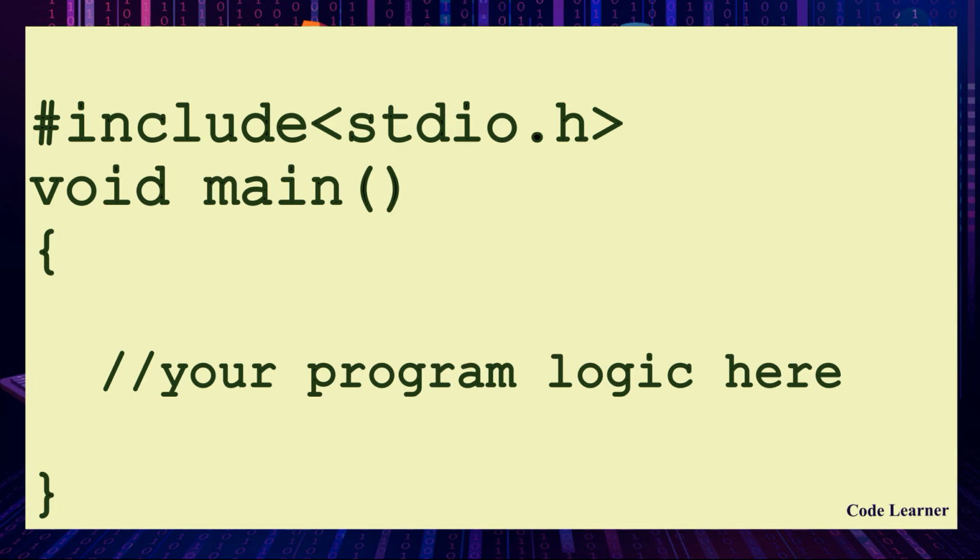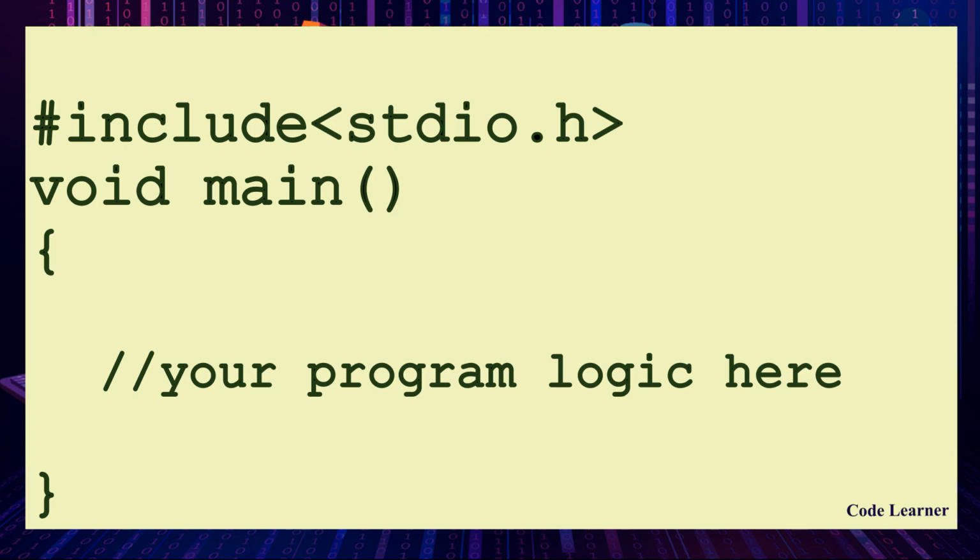In this sample code, we have written #include <stdio.h>. That means #include is used to include some code. So here we are including the stdio.h program, that is, the standard input output program. Using this stdio.h, we can use the built-in function printf.